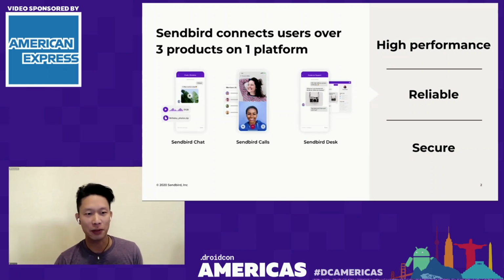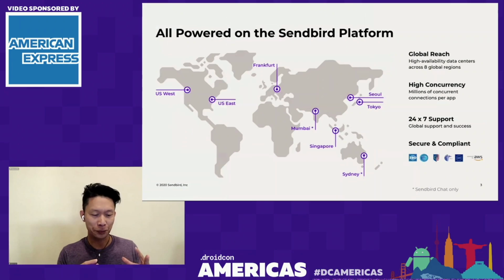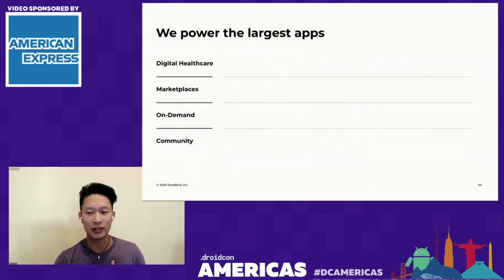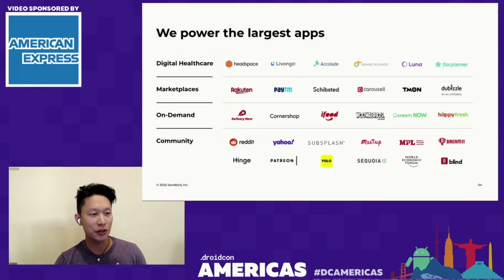All three of these platforms are built on top of the same high-performant, low latency system spread across 8 data centers across the globe. We are also compliant with the major standards such as SOC 2, ISO, HIPAA, and of course GDPR. Many of the largest apps in the world use us to power their digital experiences. In the digital healthcare space, we offer teleservices for companies like Headspace.